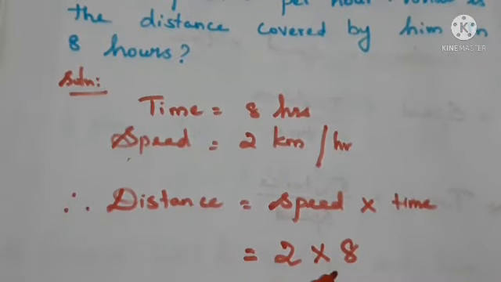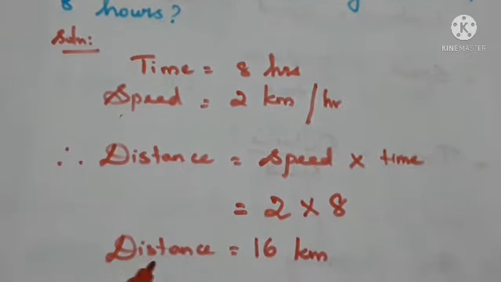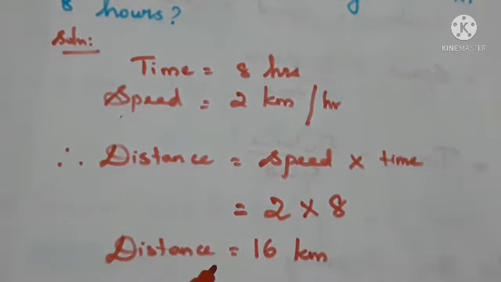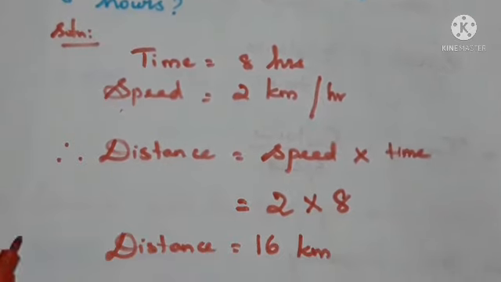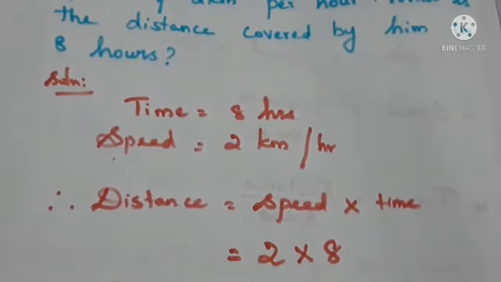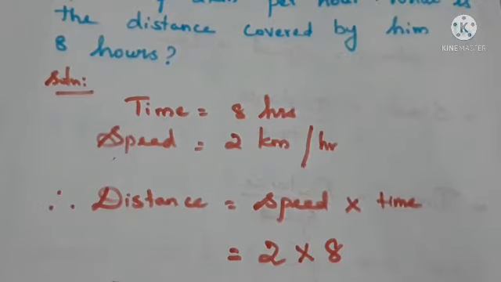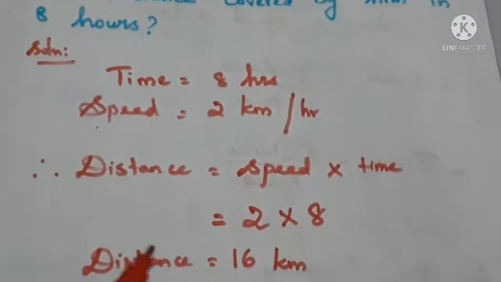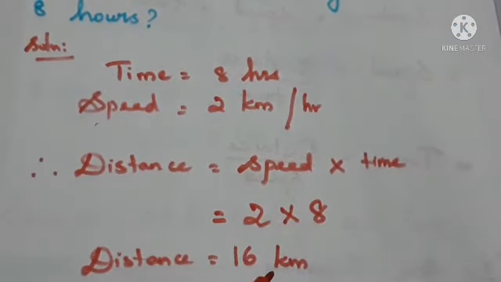If you multiply 2 into 8, it is 16. So distance is equal to 16 kilometer. We can say Justin is traveling a distance of 16 kilometers in 8 hours. Can you follow this?